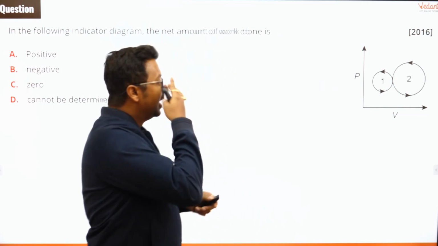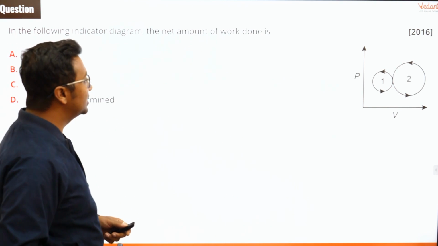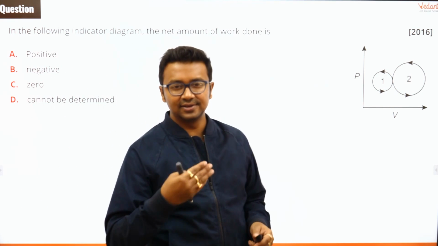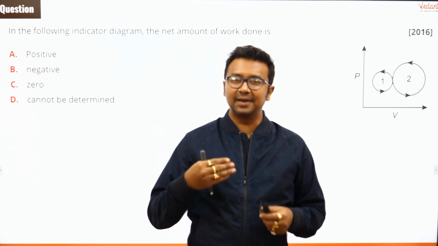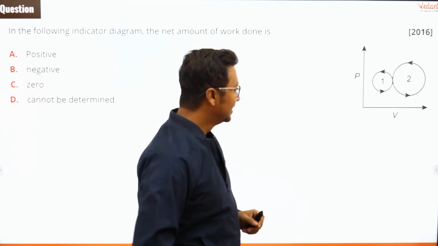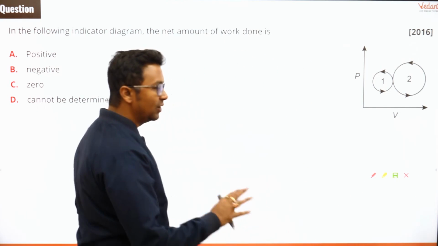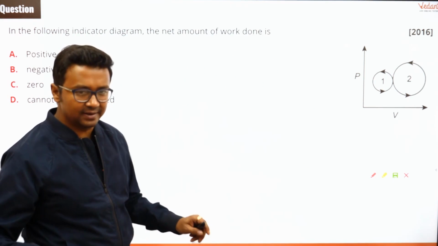Anyways, in the following indicator diagram, the net amount of work done is, students, let me just give you this particular concept about the final concept for indicator diagrams, then all your basics are kind of clear.